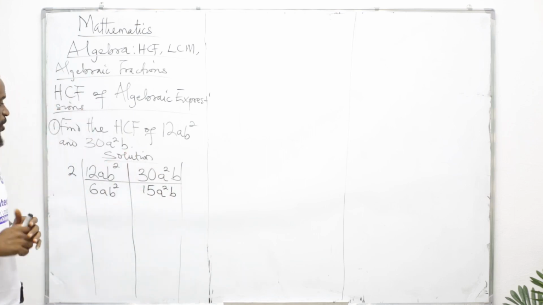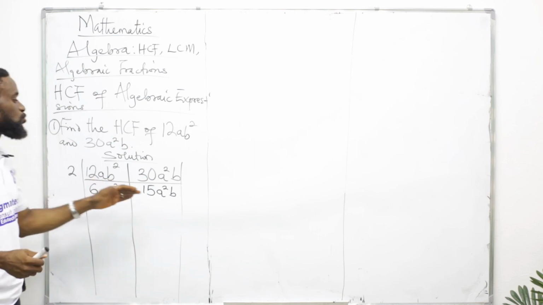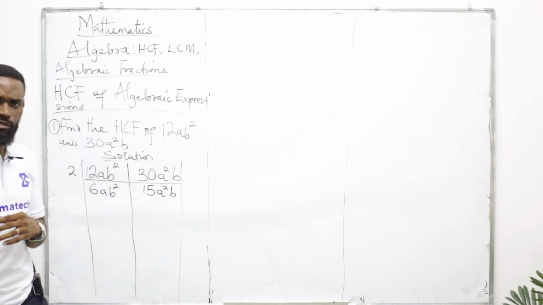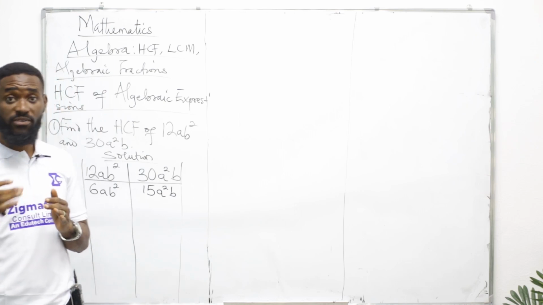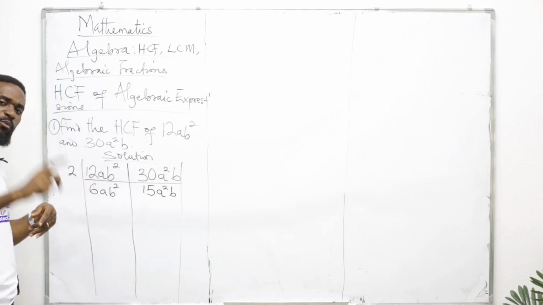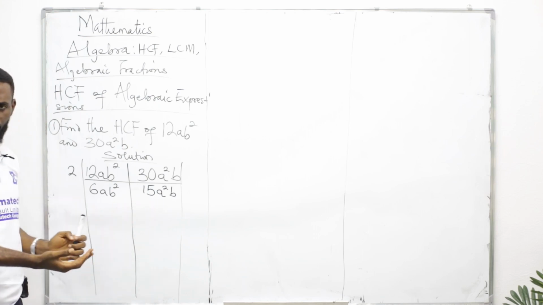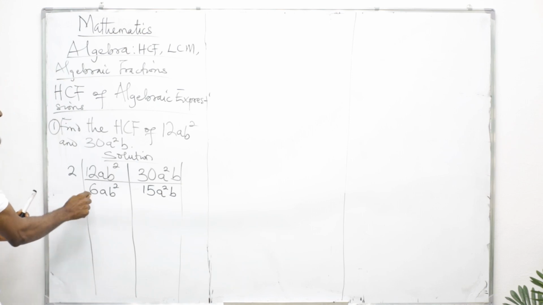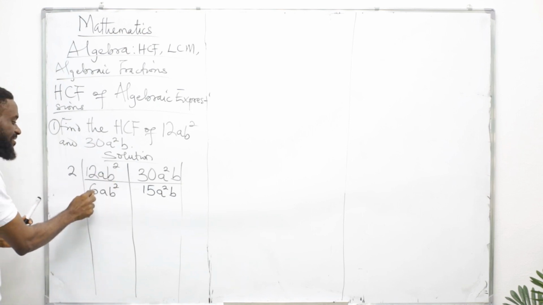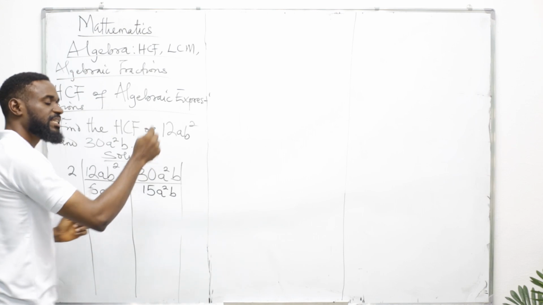All right. The next thing you ask yourself, do they still have a common factor? If they still have a common factor, keep dividing with that common factor until we get to a point where there is nothing common between the two expressions.